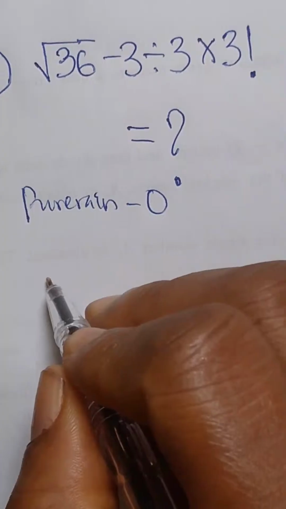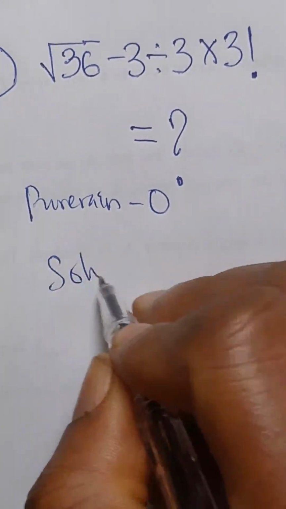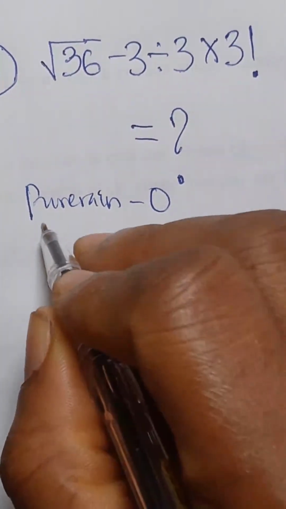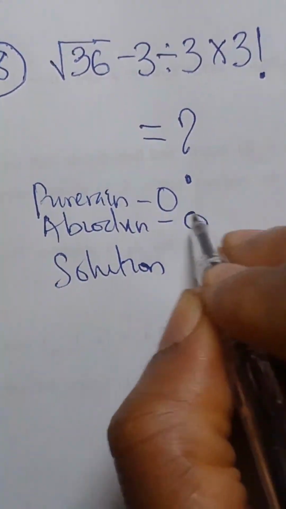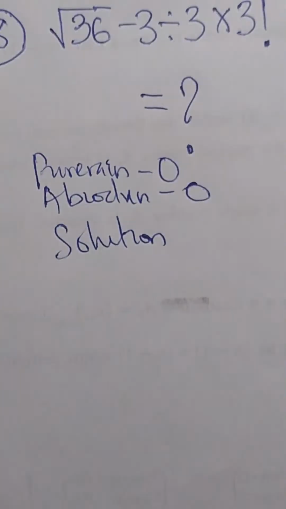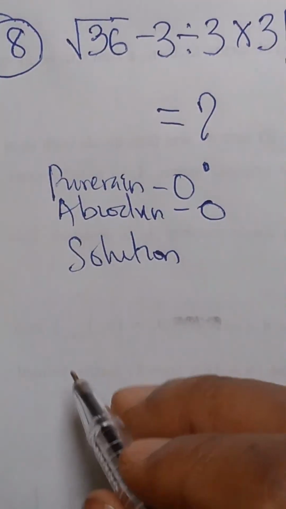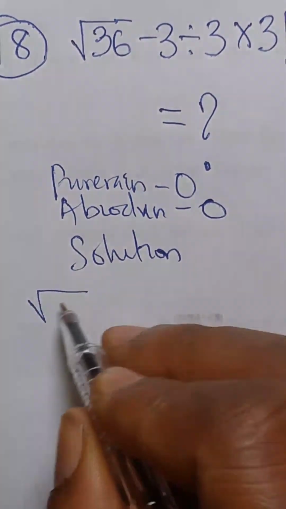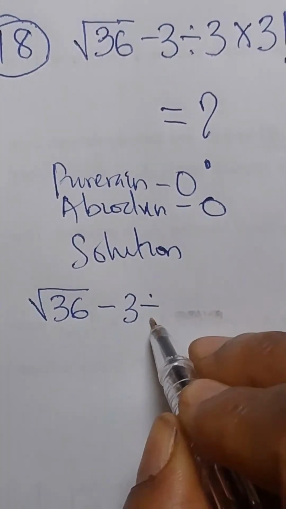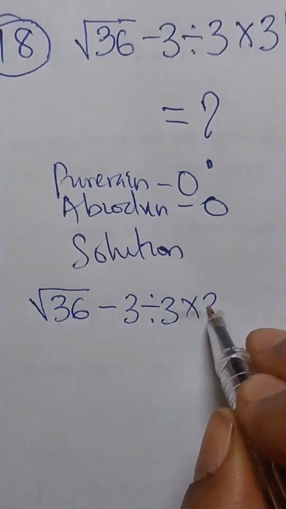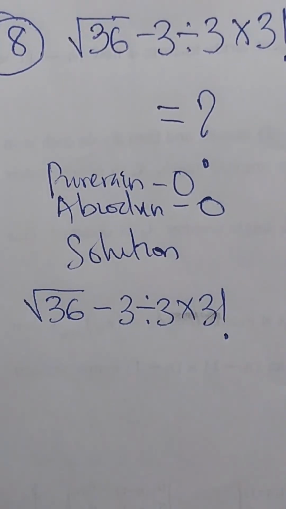So the solution is, okay, I'm building. Now the solution is, we are given square root of 36 minus 3 divided by 3 times 3 factorial.